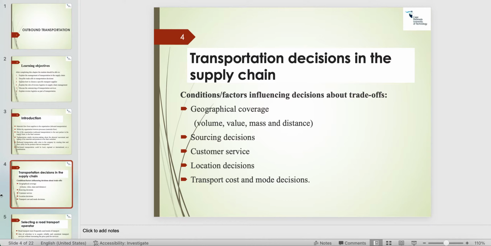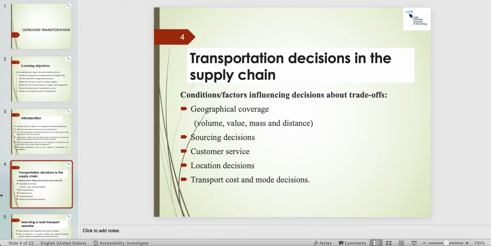In the case of high value but low mass and low volume products, air freight is often the preferred mode because, like I said, high value products can cover that cost. While in the case of lower value, high mass and high volume products, sea transport is the preferred mode because it can carry bulk and won't be as expensive as air transport.